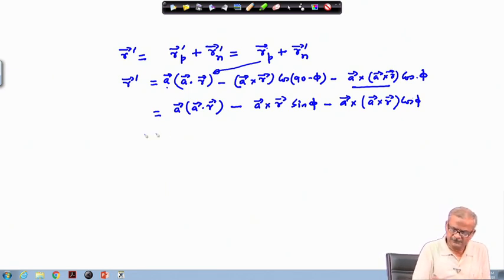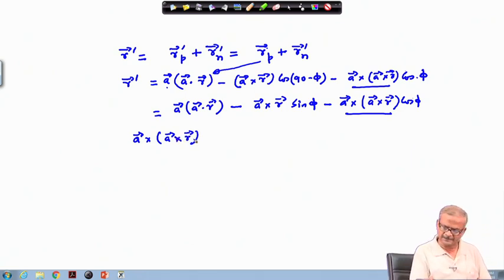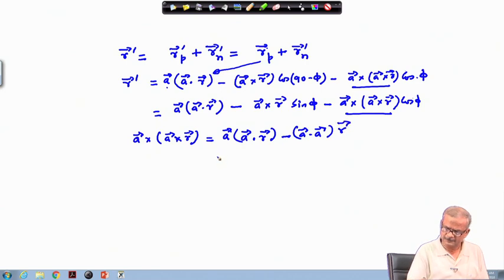Okay. So, first of all we will explore what this quantity is, a cross r. We need to expand and look into exactly what it is indicating. So, if we expand it, this turns out to be a dot r a minus a dot a r.